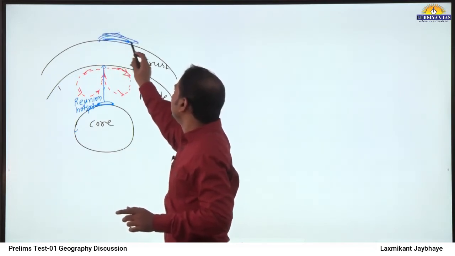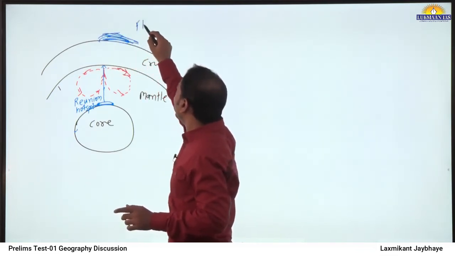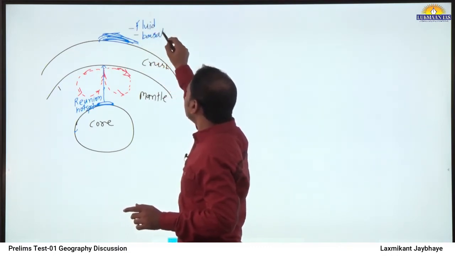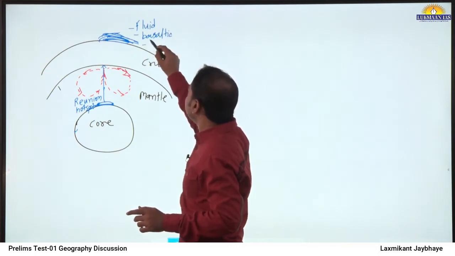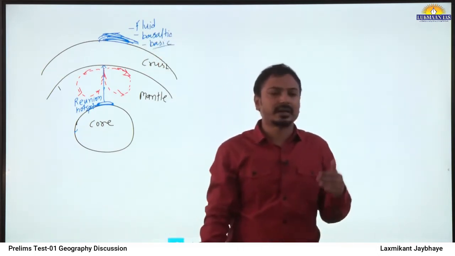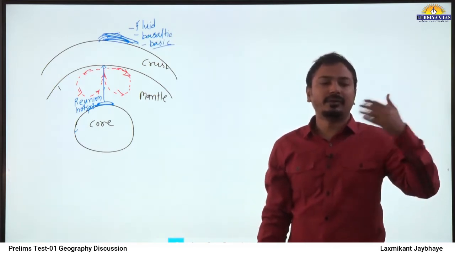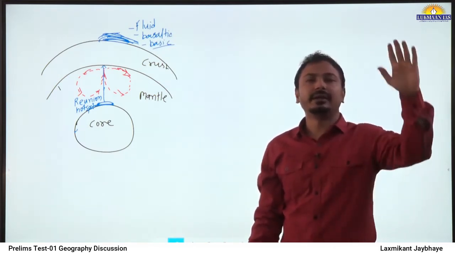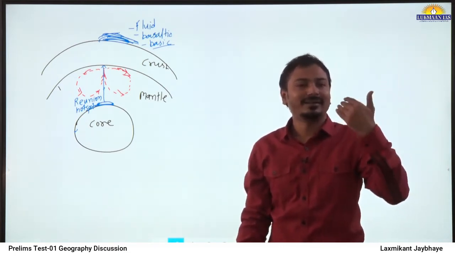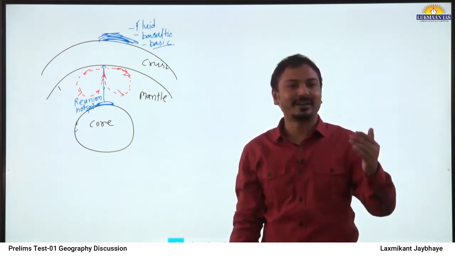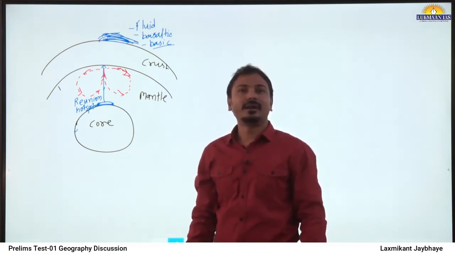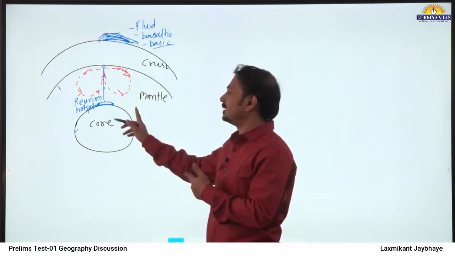Highly fluid basaltic lava, or we can say basic lava, started flowing one layer after another, and that created the Deccan Traps. Now this plate further moved on and that lava got solidified. And the Reunion hotspot remains at the same place.